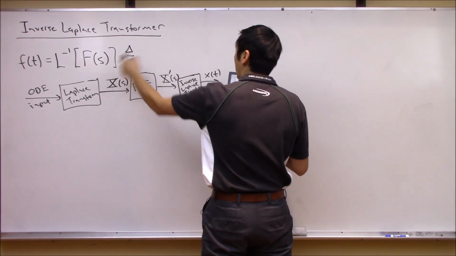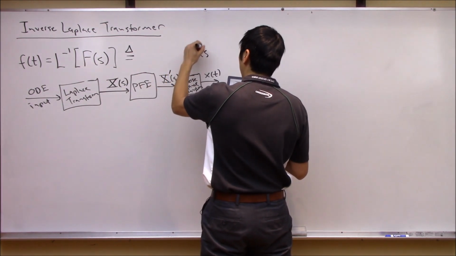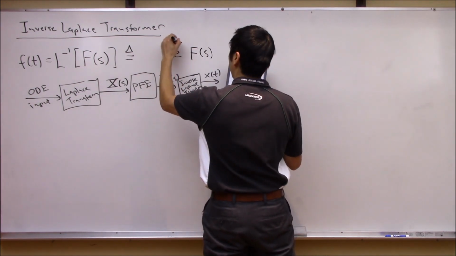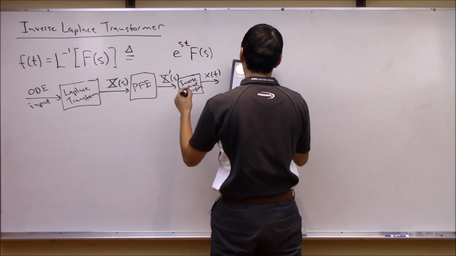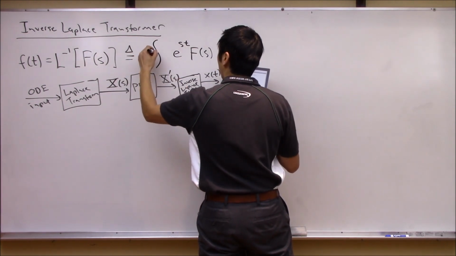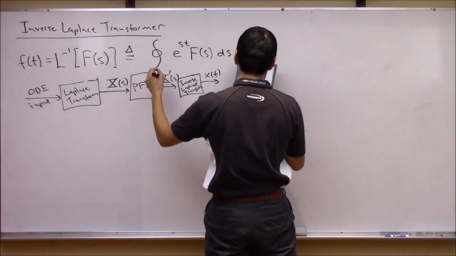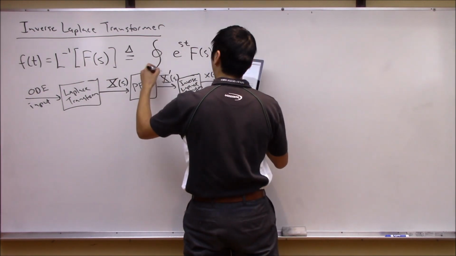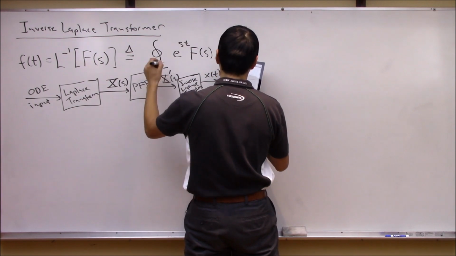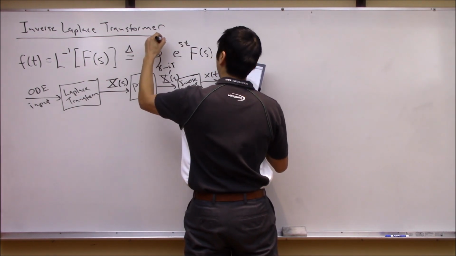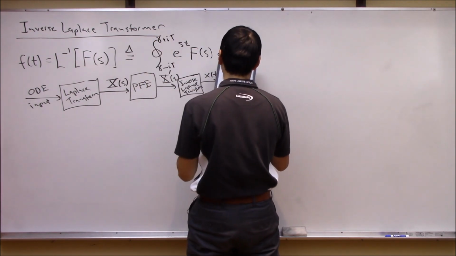Basically, you take F of s, multiply by e to the st, and integrate, actually a line integral ds, over a vertical line, from gamma minus i infinity up to gamma plus i infinity.